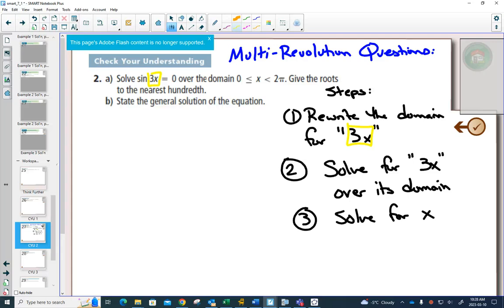The domain right now is 0 is less than or equal to x is less than or equal to 2 pi. If 0 is less than or equal to x is less than 2 pi, then what is 3x in between? And here's an easy way for you to visualize this.